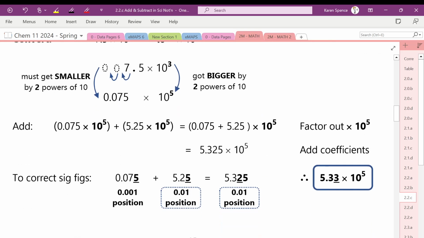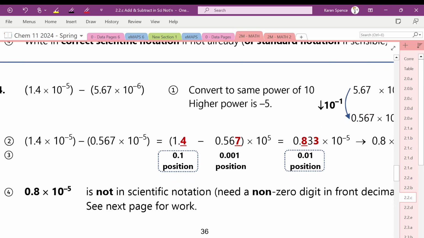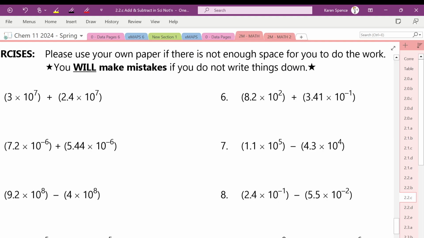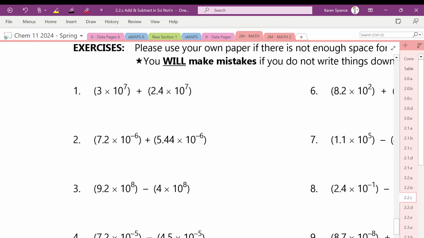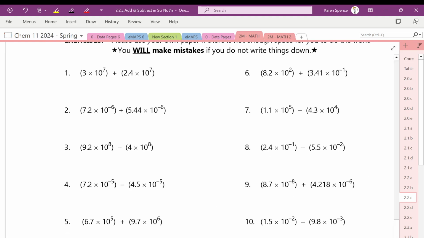Now, let's just see if I have some problems that are like that. You guys should be able to do, with that little instruction, numbers 1, 2, 3, and 4.